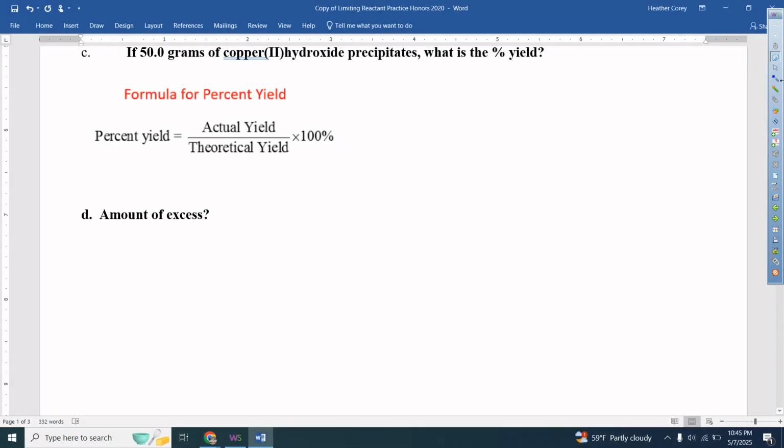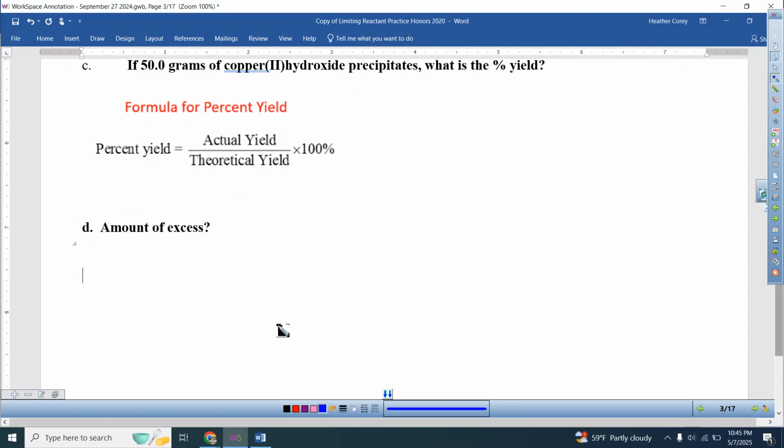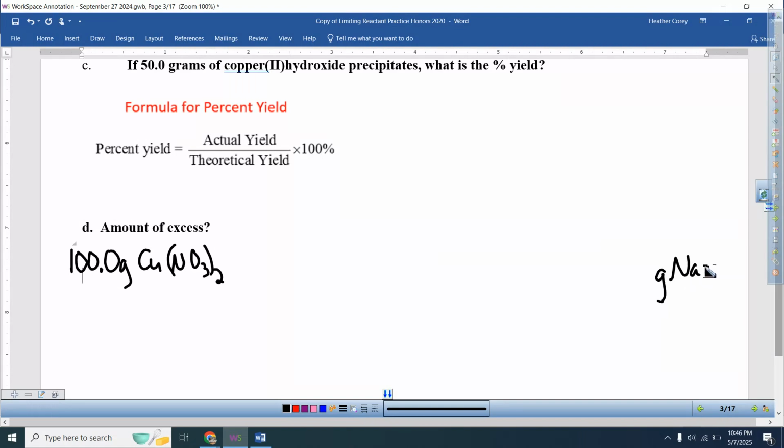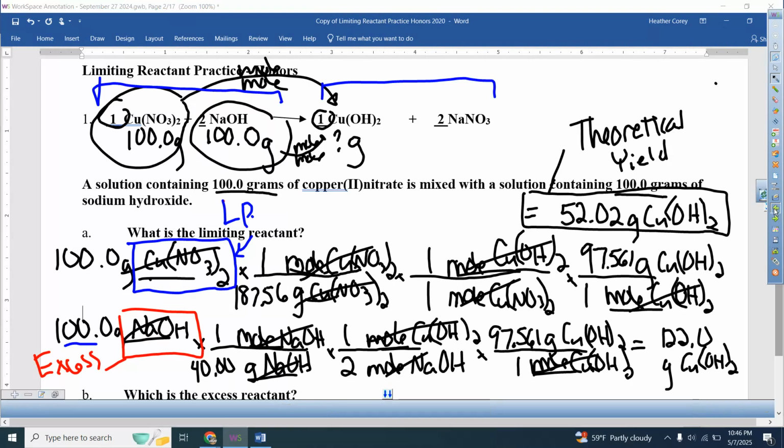Okay, so for this problem, it's a little bit different because we're starting with one reactant, and you're always going to start with the limiting because it's the decider. So we're going to start with our limiting reactant, which is our 100 grams of copper nitrate. And we're going to find the grams of NaOH that will react with it. So we're going to go from here to here.